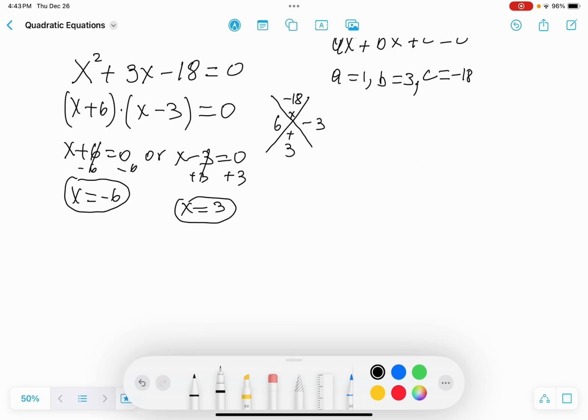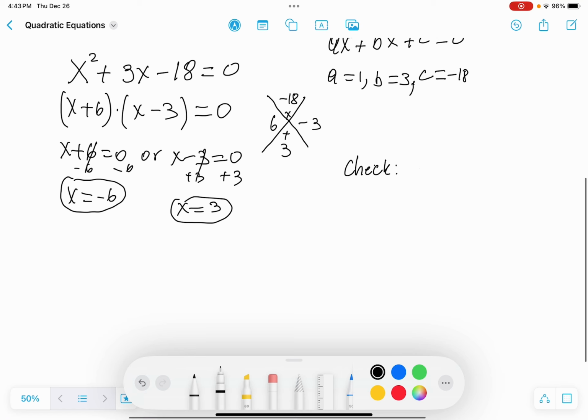Let's check if these solutions are correct or if we made something wrong. Let's check on the original equation. For checking the solutions, we have to substitute each of the solutions into the original equation. Let's start with the first one. Negative 6, instead of x, I'm substituting negative 6 to the second power.